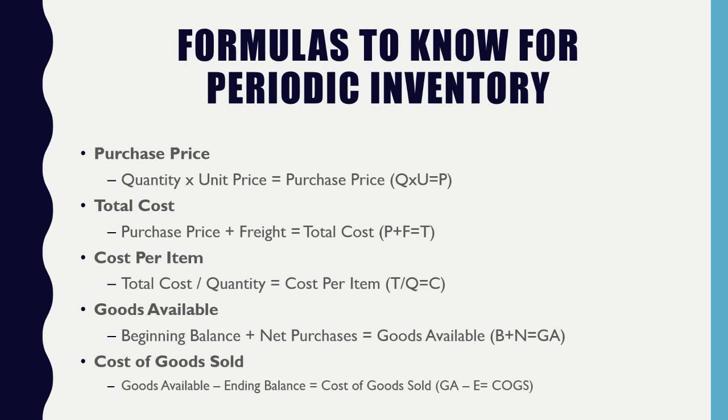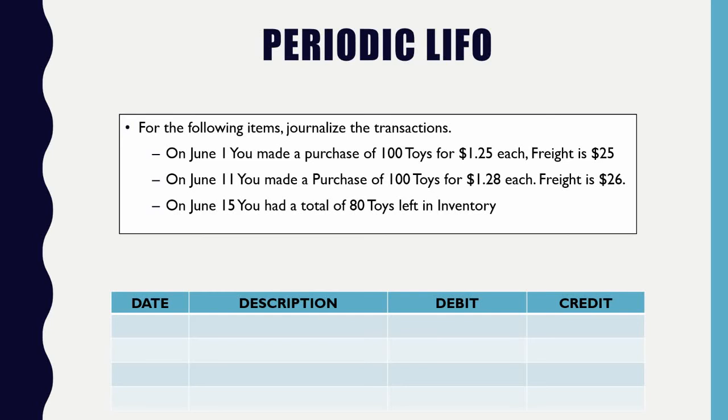Let's go ahead and take a look at an example. On June 1st we purchased 100 toys at $1.25 with freight costing $25. Then we have another purchase on June 11th of another 100 toys at $1.28 with freight costing $26.